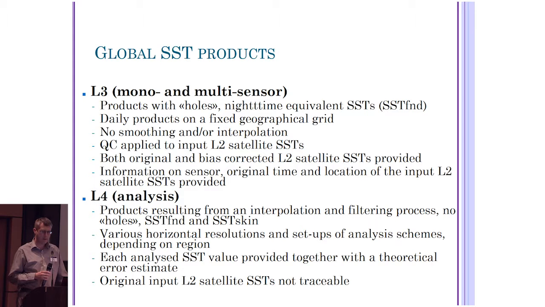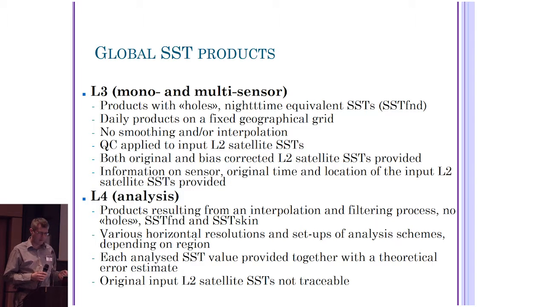In a moment, I will explain a bit more about what that means, but bear with me for a minute. These are daily products on a fixed geographical grid. There's not been any smoothing or interpolation applied. And there's information on the sensor that the data came from and the original time and location of the input data. So I guess what it comes down to is, with using the level 3 data, you've got a good idea about where the data's come from.